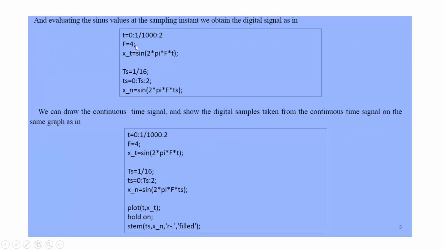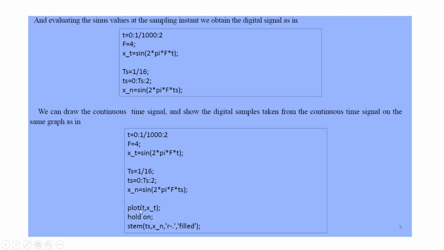Because we have to draw the continuous time signal and the discrete time signal both, these are the initial steps only. In the continuous time signal it will be t, and in the discrete signal, because we need to show the sampled version with this sampling period, Ts will come instead of t.